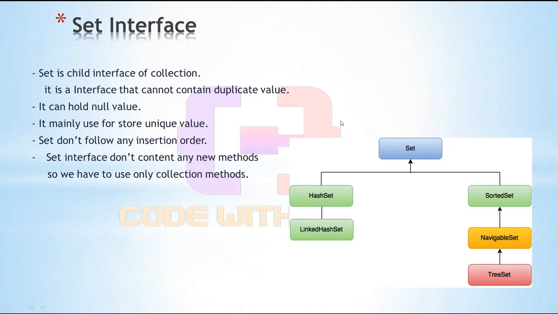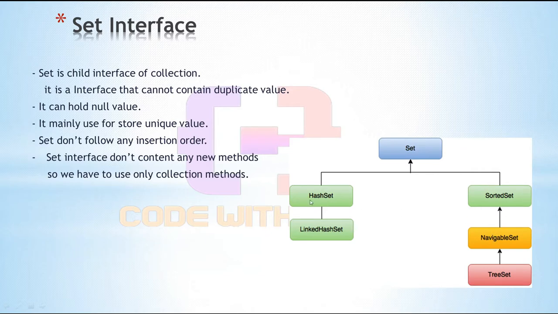The Set interface has HashSet, LinkedHashSet as implementation classes, along with SortedSet and NavigableSet. These two are interfaces, and they provide a sorting mechanism. By using these two interfaces we can sort our elements in ascending or descending order. And for the implementation class, TreeSet is the implementation class for these two interfaces.